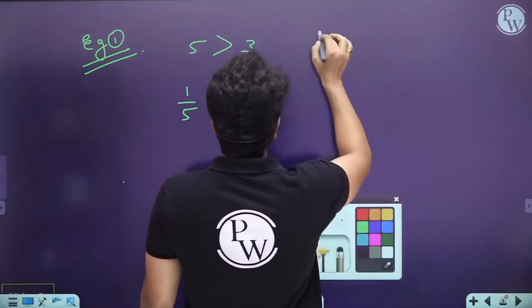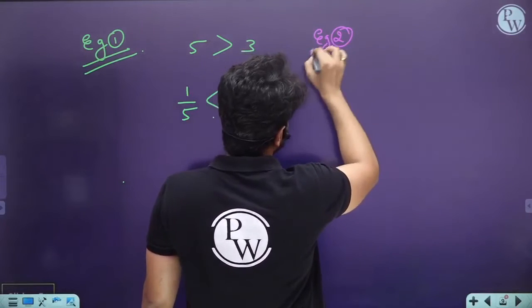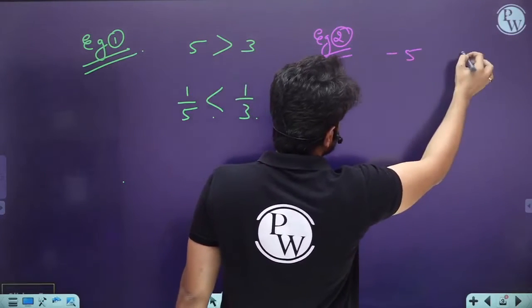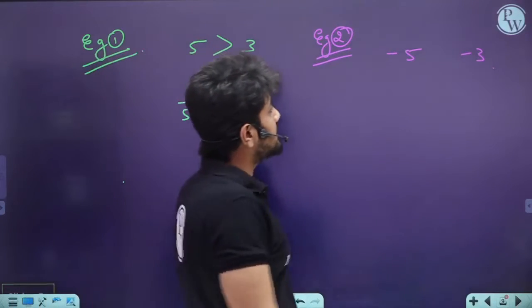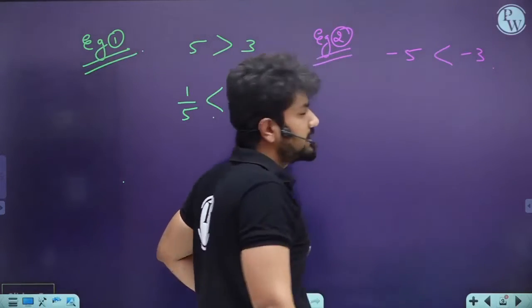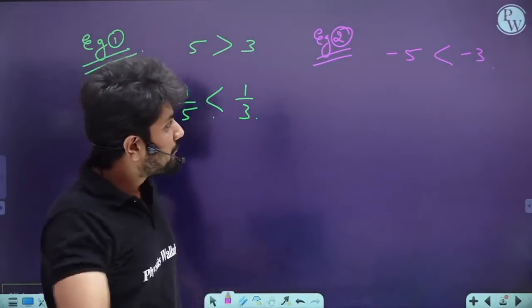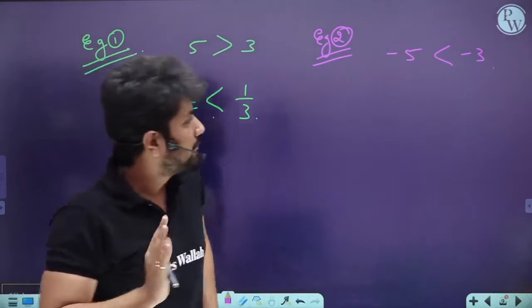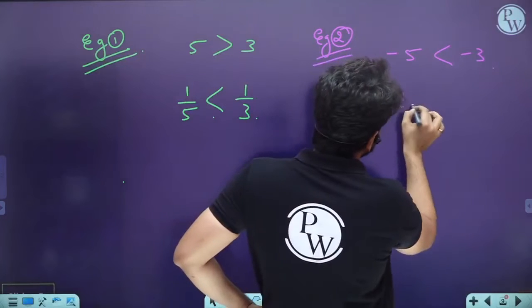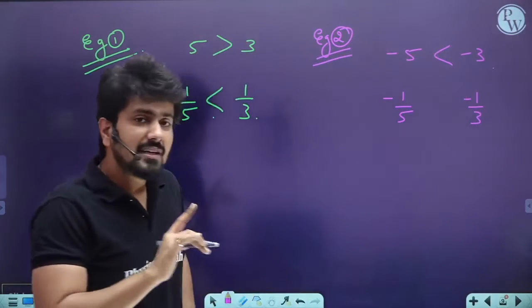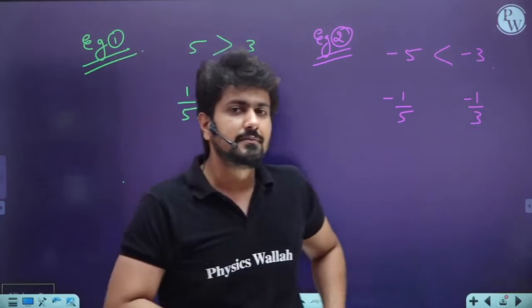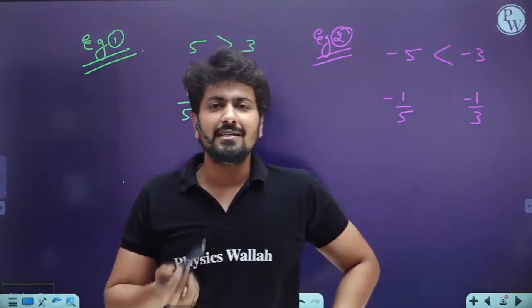Suppose both the numbers are negative: -5 and -3. Here you will say that -3 is greater than -5. If you do the reciprocal, there will be -1 by 5 on the left hand side and -1 by 3 on the right hand side. Will the inequality change or not?